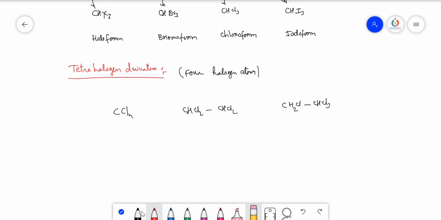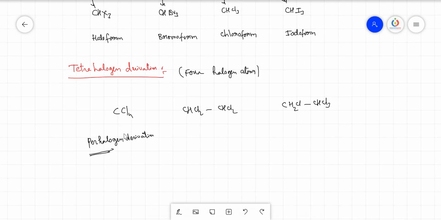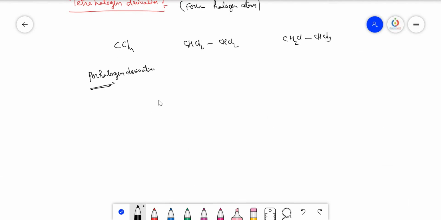And these are not called the perhalogen derivatives, these are simply tetrahalogen derivatives. Though here 4 halogen atoms are there, name wise we call it carbon tetrachloride or tetrachloromethane, but it is also called the perhalogen derivative. I will take one more perhalogen derivative. Let us take this ethane combination only, CCl3, CCl3.